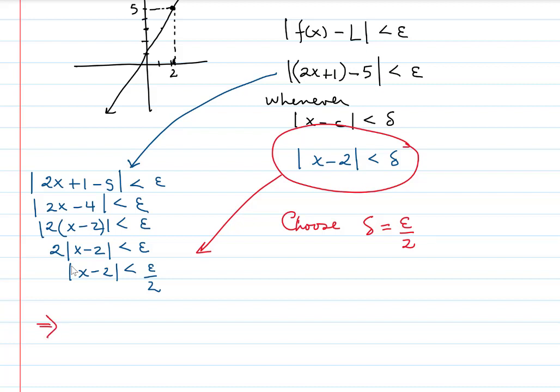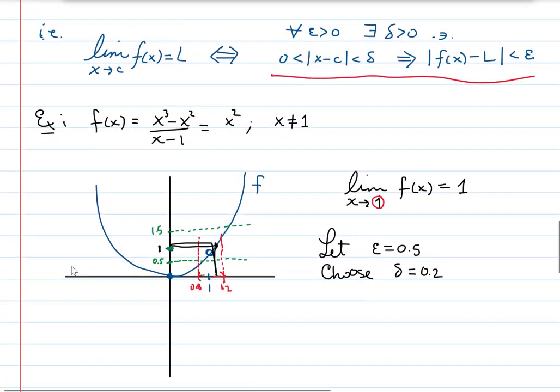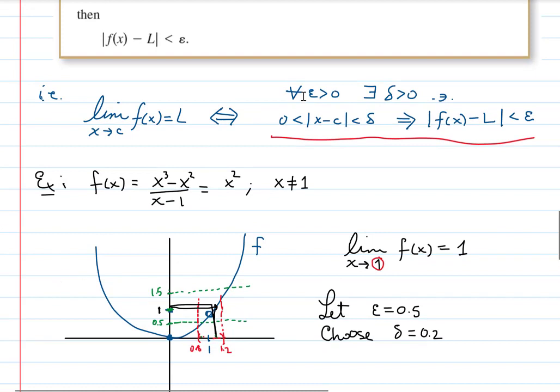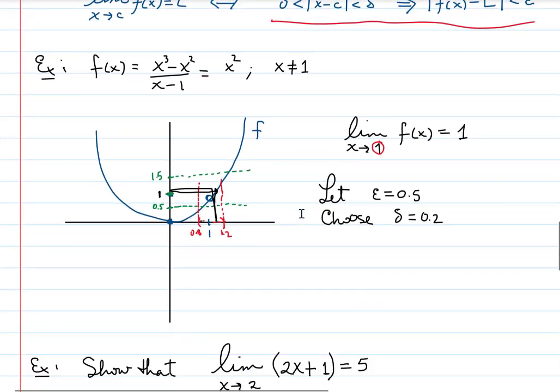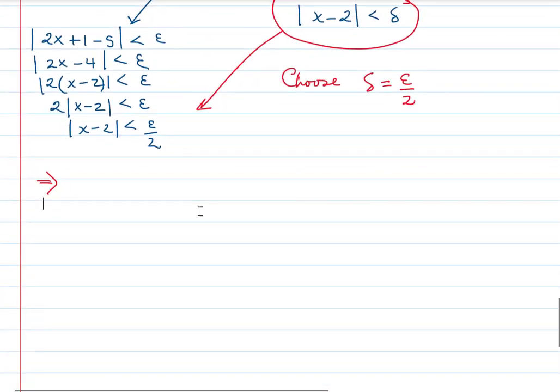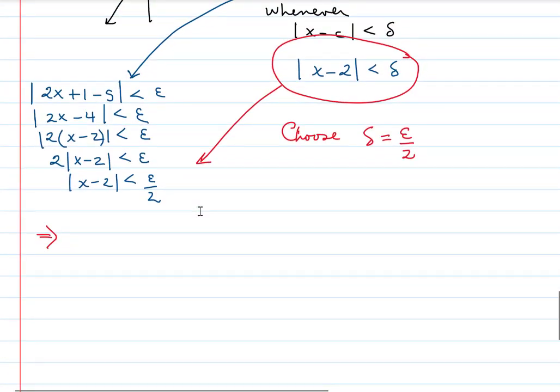This way, now I've worked backwards, but to prove it, remember we have to show that for all epsilon, there exists a delta such that this implies that. But now that happens, because the absolute value of x minus 2 is less than delta, and remember I chose my delta to be epsilon over 2.